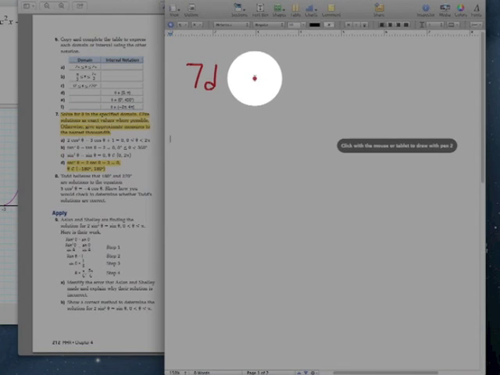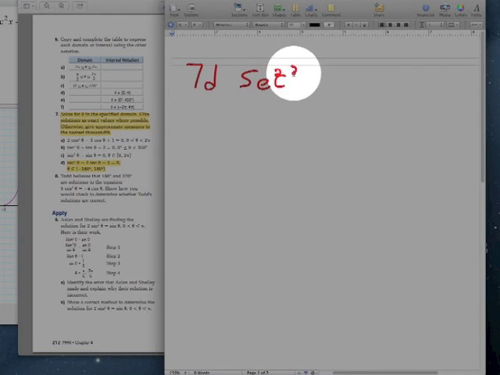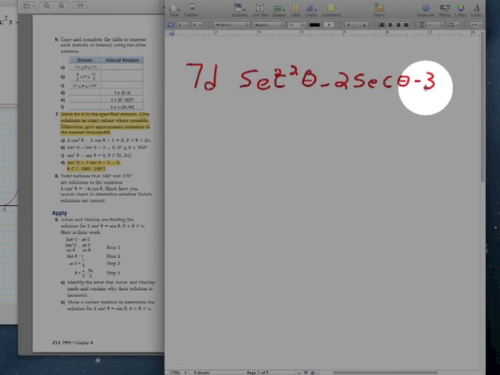So in this particular situation, we have secant squared theta minus 2 secant theta minus 3 equals 0. What we'll end up having to do is find a set of domains that'll answer this question.